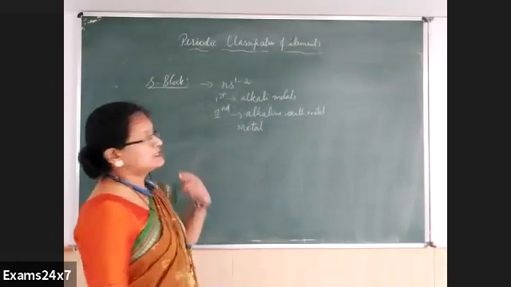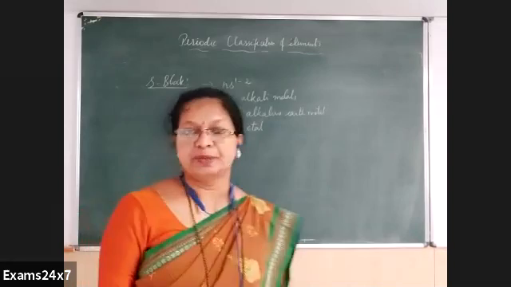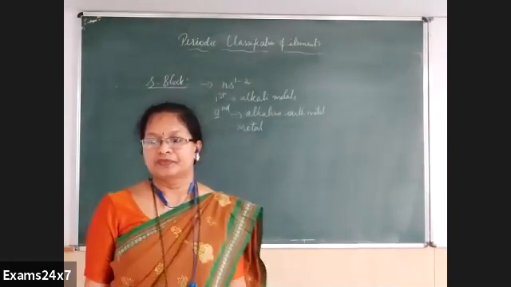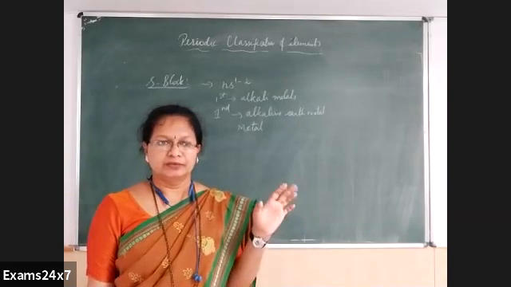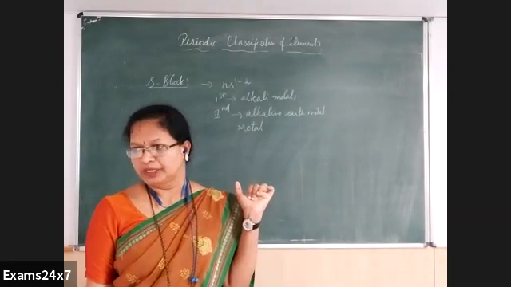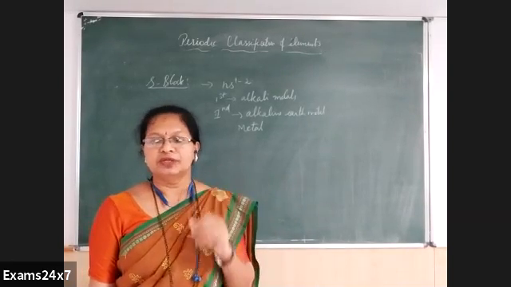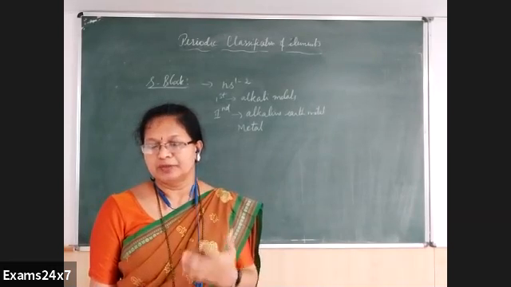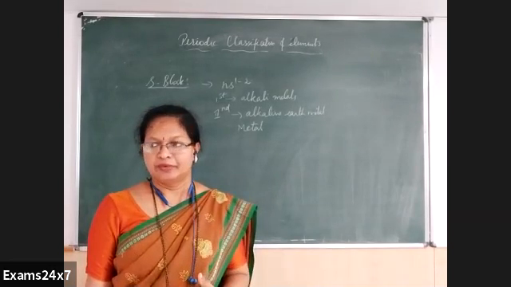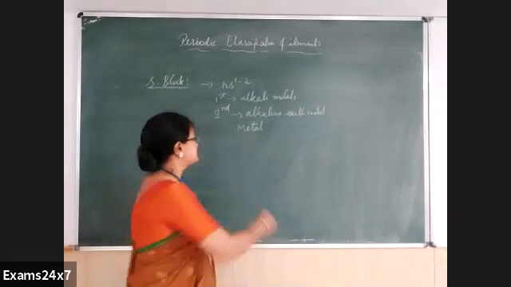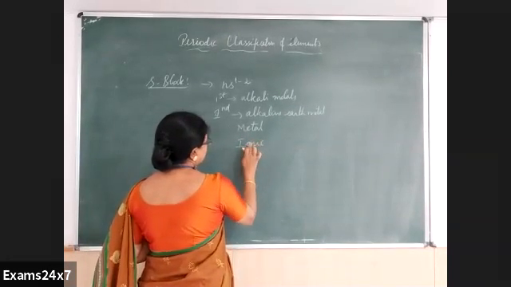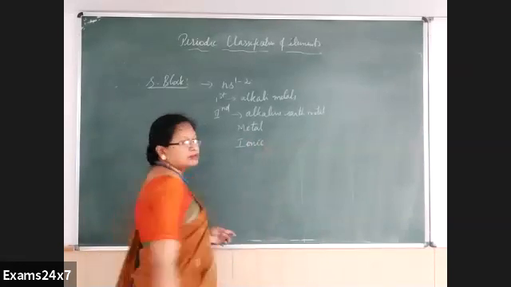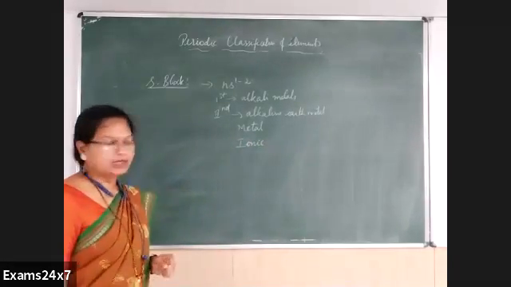Sodium is one of the elements from this group, right? With chlorine, it forms sodium chloride. Which type of bond does it have? Ionic compound, right? These mainly form ionic compounds. There are some exceptions, but most of them are ionic compounds.